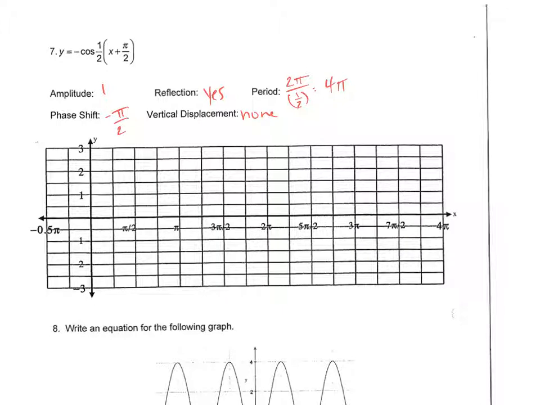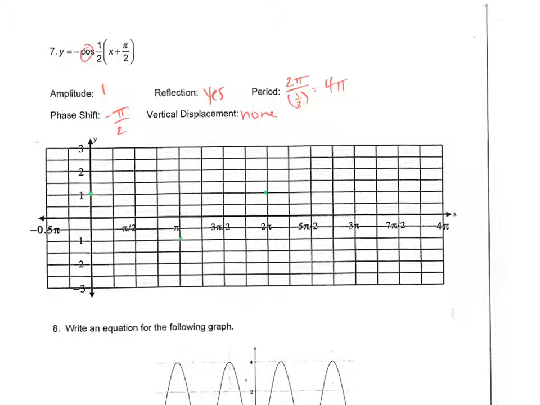And we're looking at cosine as our parent function. So normally cosine would start at 1, at 0, and reach its next maximum at 2 pi. I would have a minimum halfway in between, and then my zeros. But now my period has been stretched.